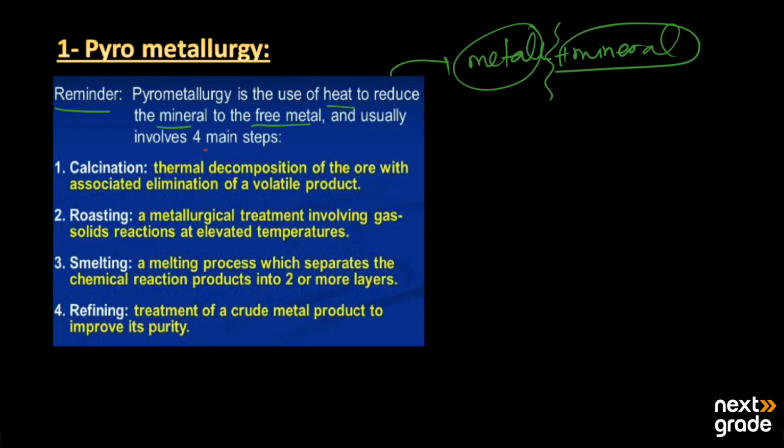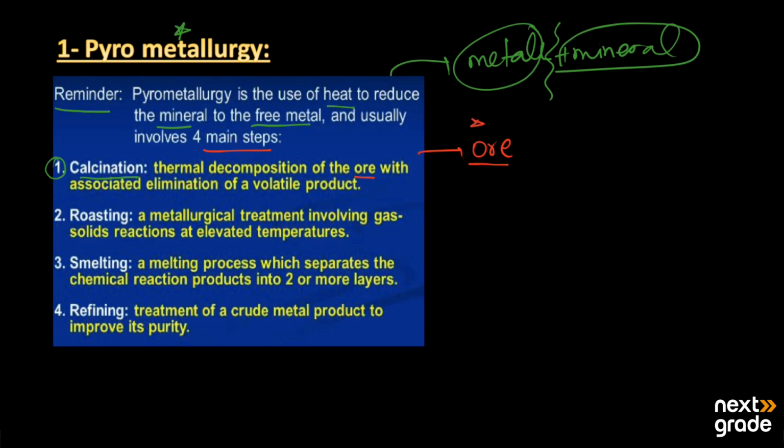And usually it involves four main steps. Now, what are the main steps? The first step is calcination. Calcination is the thermal decomposition of the ore. First we take the ore. The ore is a substance in which the metal has impurities or some type of minerals.